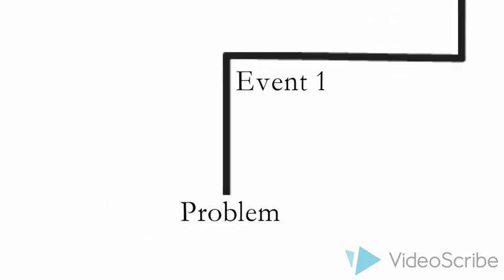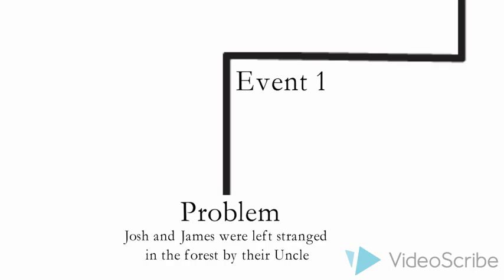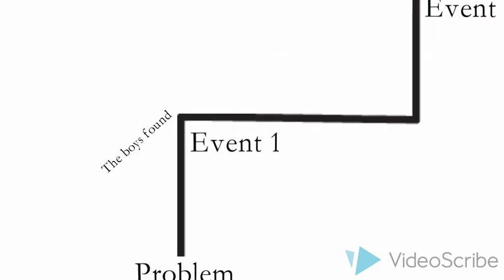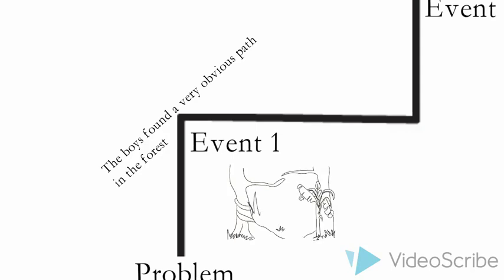So, for example, our problem, Josh and James were left stranded in the forest by their uncle. So the event 1, the boys found a very obvious path in the forest.